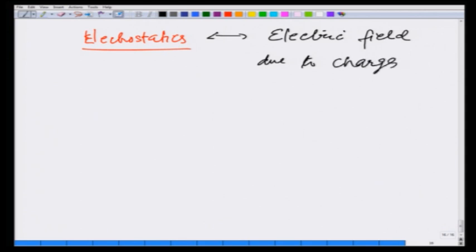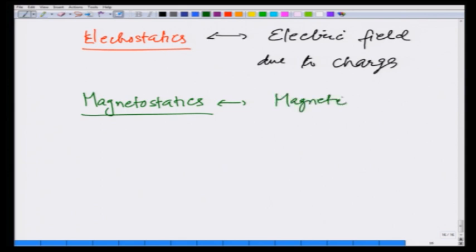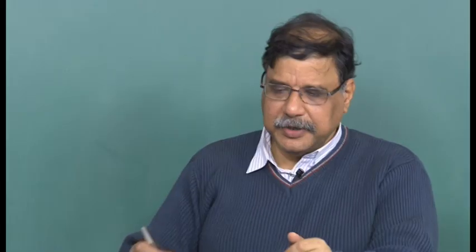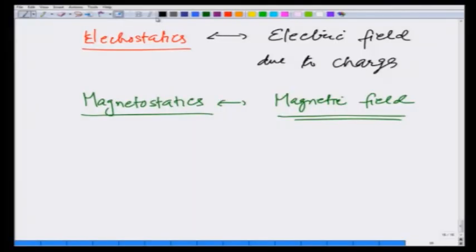We are now going to change gears and go to discuss magnetostatics and see how the magnetic field can be dealt with. Just to give you a little background, the way magnetic field came about was through magnets.